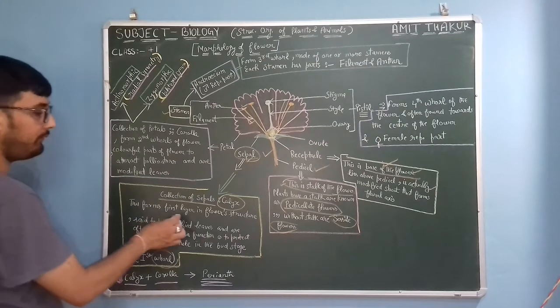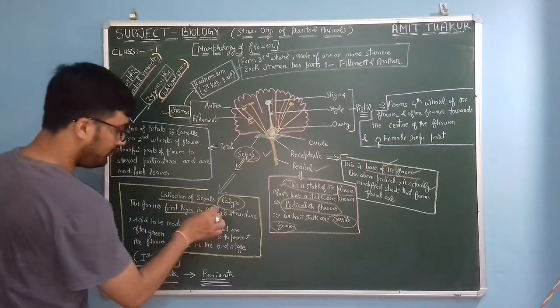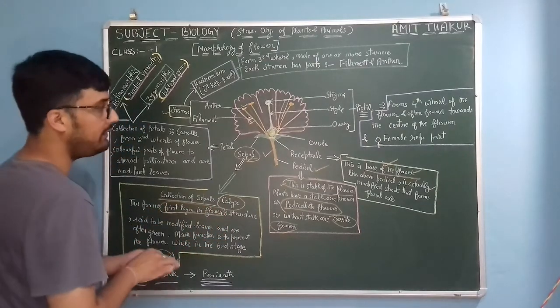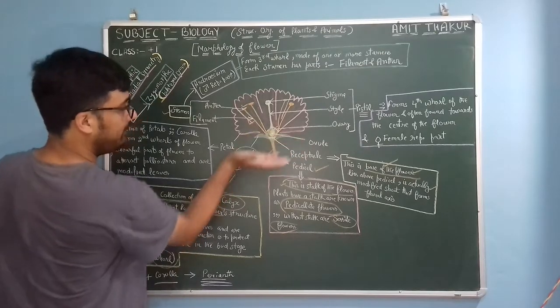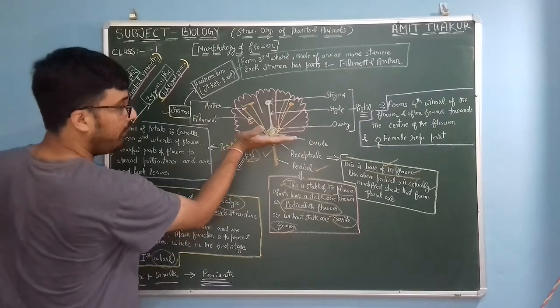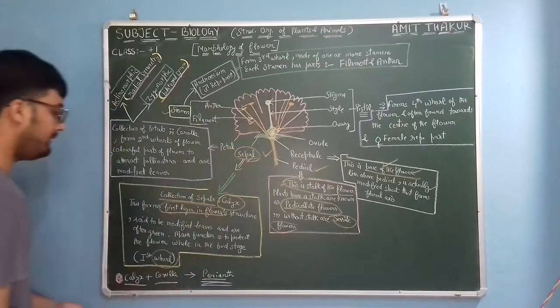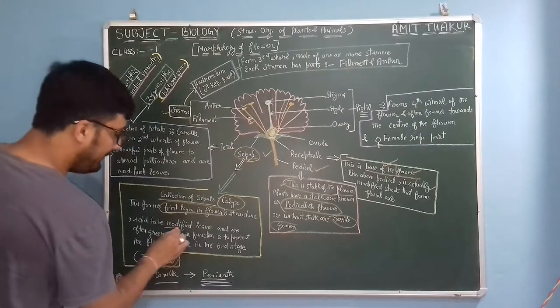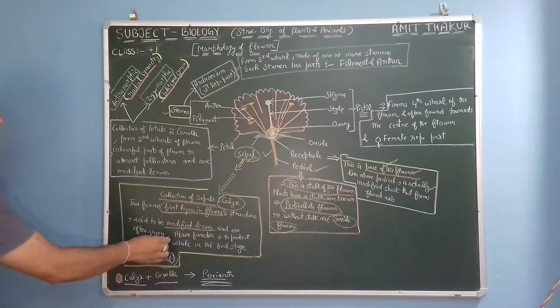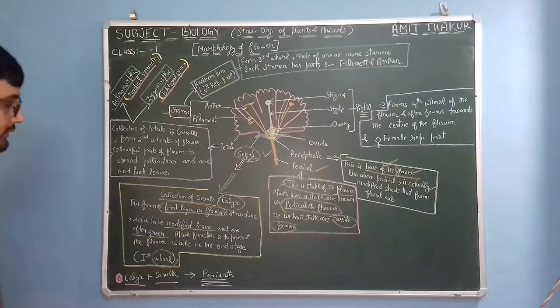तो दिस फॉर्म द फर्स्ट लेयर ऑफ फ्लावर. इसको ये पहली लेयर बनाती है फ्लावर की, क्योंकि जैसे ही रिसेप्टेकल खत्म हुआ उसके बाद किसकी बारी आई? सेपल. So this forms the first layer of the flower and is said to be modified leaves and often green in color.